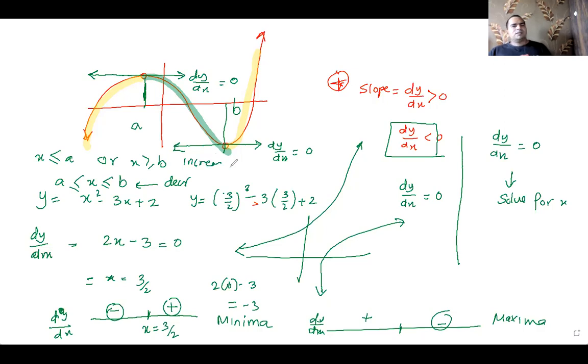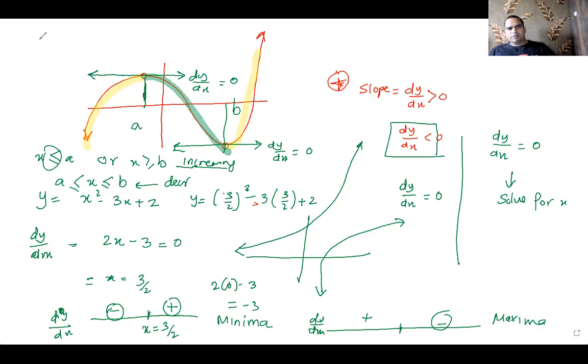Another question that comes to lots of students' minds is why I'm including less than or equal to in both cases. If the word strictly increasing is introduced, in that case it will be not equal to.